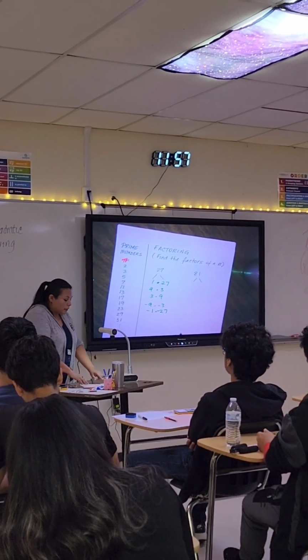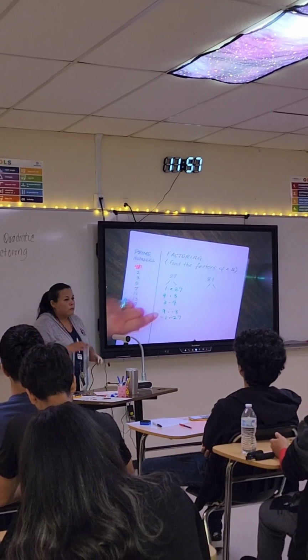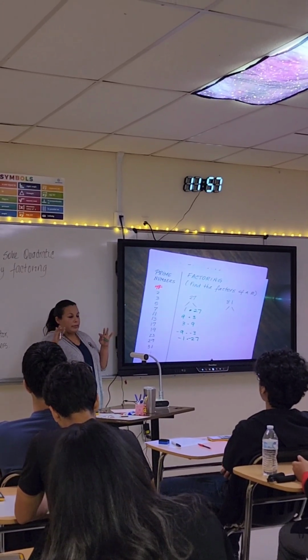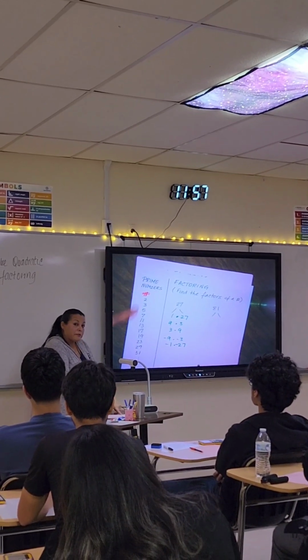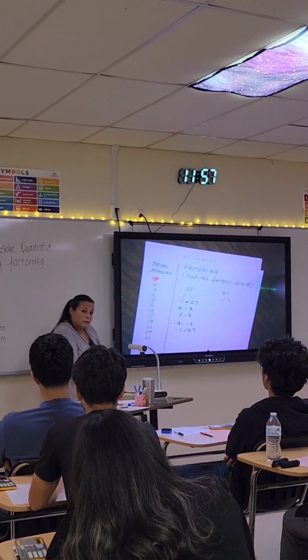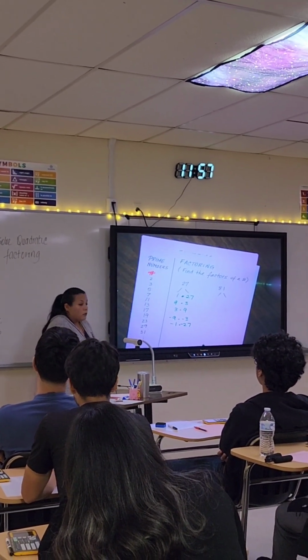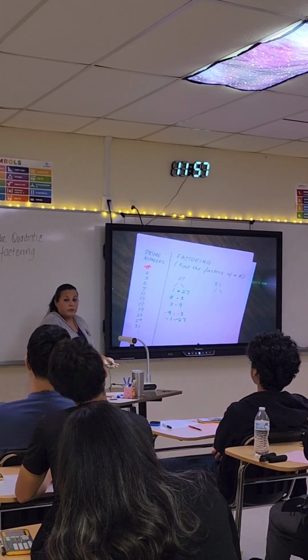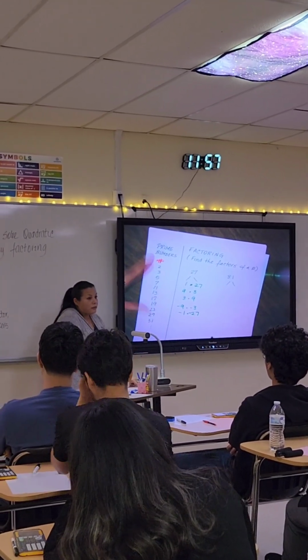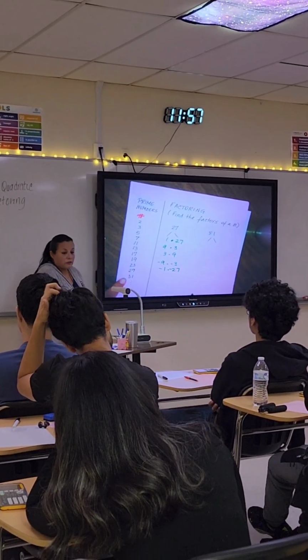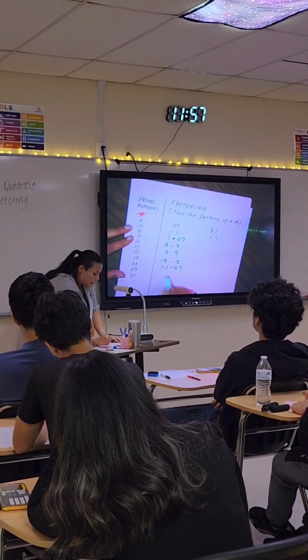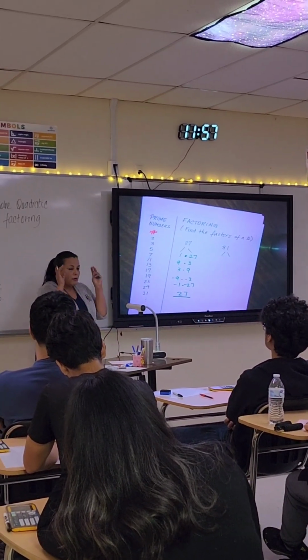Now, notice when we wrote our answers, we were a little random, all over the place. So what I like to do is use my list of prime numbers and go in order. You might have some more numbers that you can use, but I like to have my list of prime numbers here. So these are my prime factors that are listed for you. I'm going to do the same, but this time I'm going to organize it.